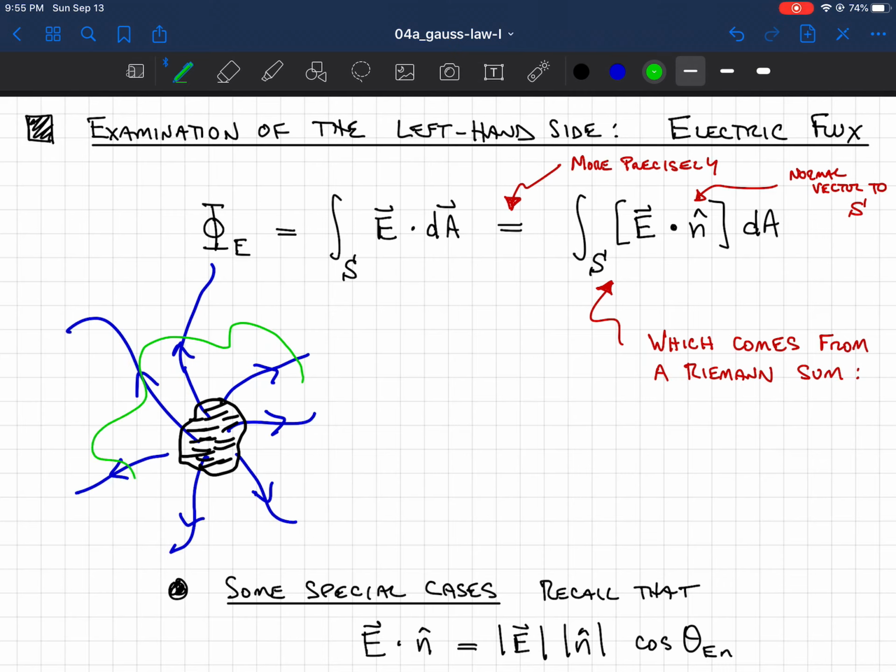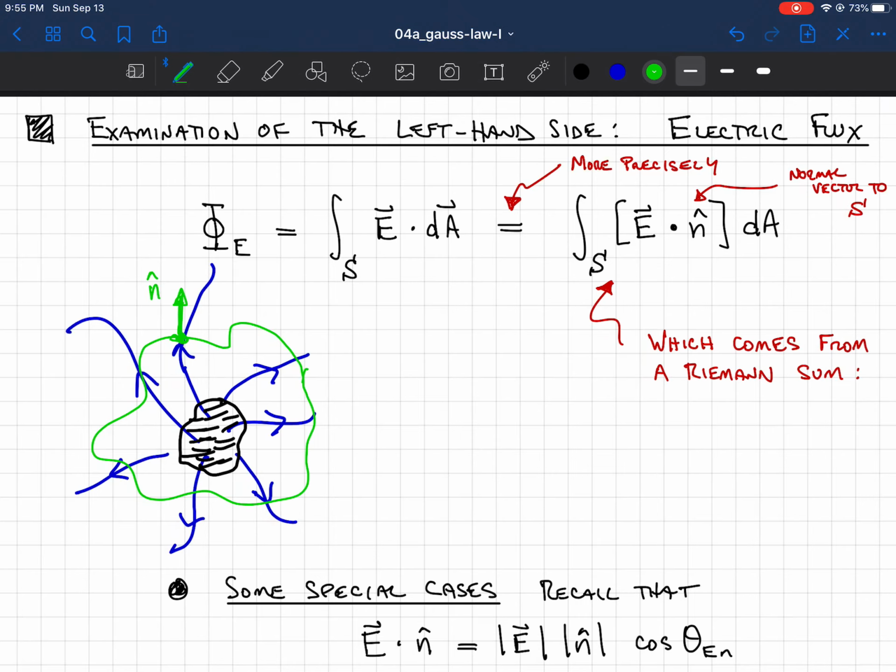So if we have some weird surface here, and we want to, for example, look at it at this point here, then the normal vector at that point is perpendicular to the surface. It's of length 1. It's a unit normal vector. And it points outward from the surface. So if you have a closed surface, then there's no question what it means outward. If you have an open surface, then it's a little bit more difficult, but we won't deal with that with Gauss's law.